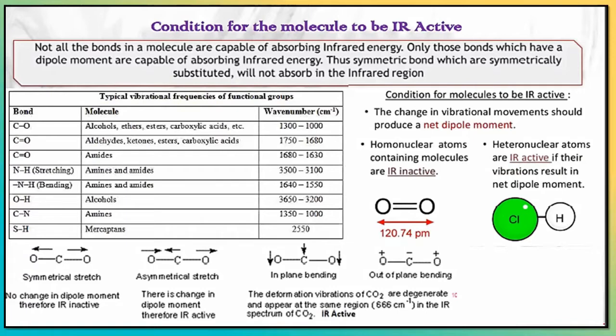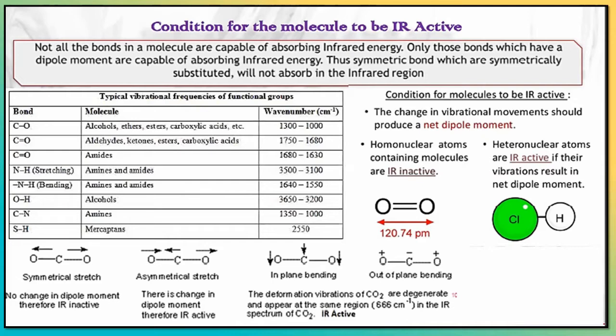It is written: not all the bonds in a molecule are capable of absorbing IR energy. Only those bonds which have a dipole moment are capable of absorbing infrared energy. Symmetric bonds, which are symmetrically distributed, will not absorb in the IR region. This is very important. When a bond has a permanent dipole moment, only then will that particular bond or species be IR active, otherwise not.